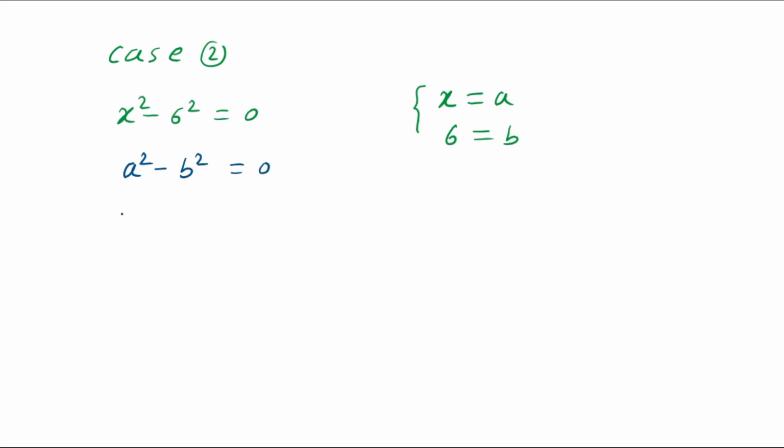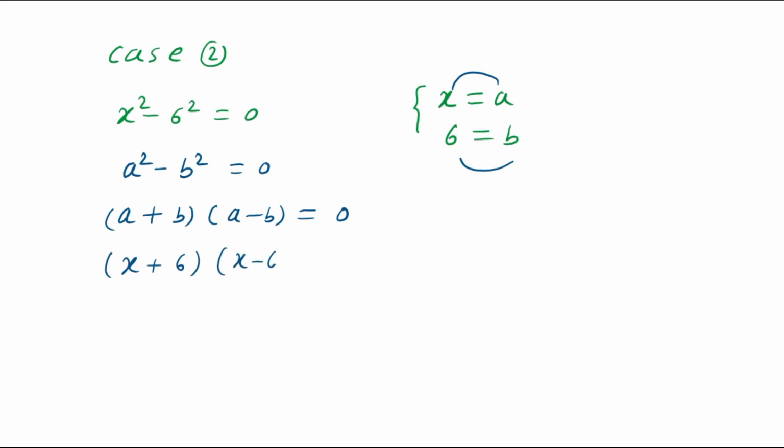We know that factor of a square minus b square is a plus b multiplied by a minus b, and this is equals to 0. Value of a is x and value of b is 6. So a is replaced by x plus b is replaced by 6, and here a is replaced by x minus b is replaced by 6, and this is equals to 0.